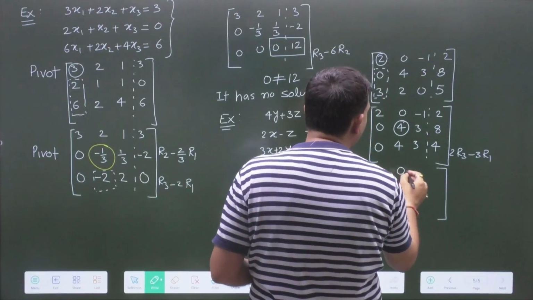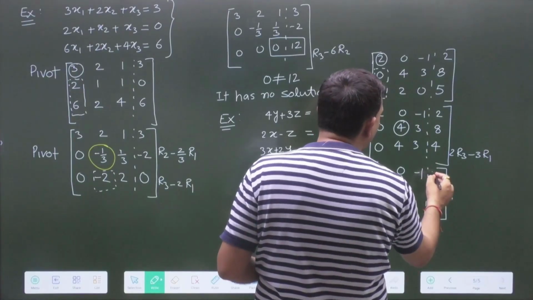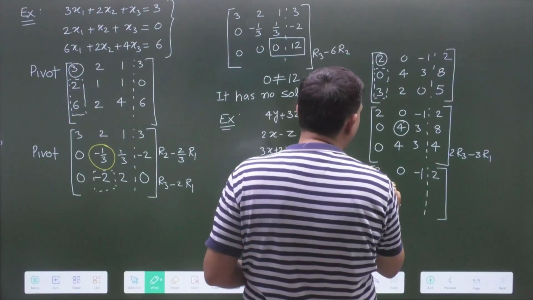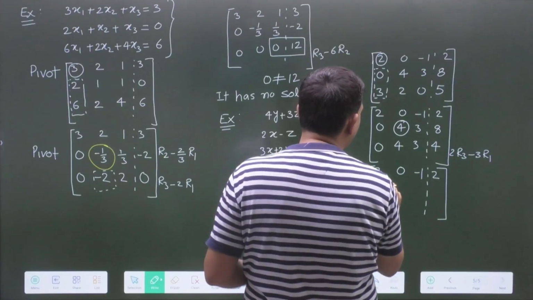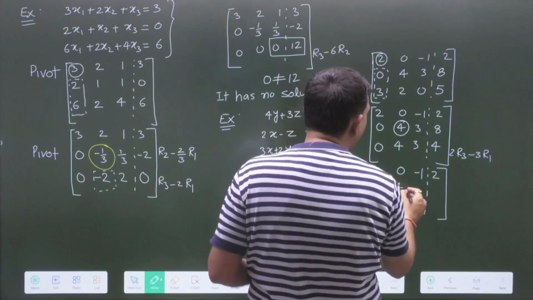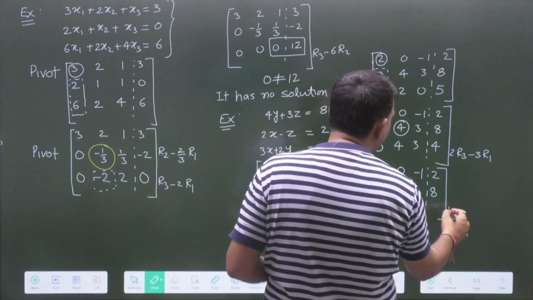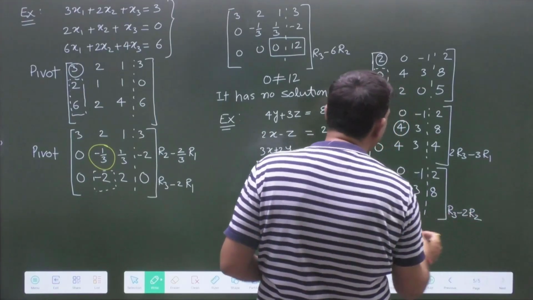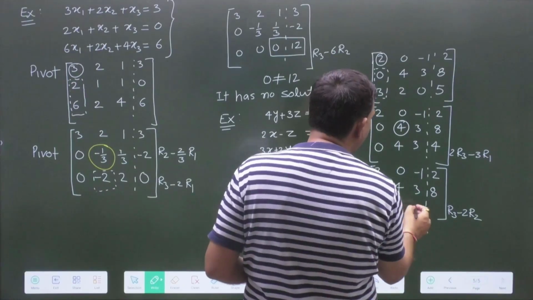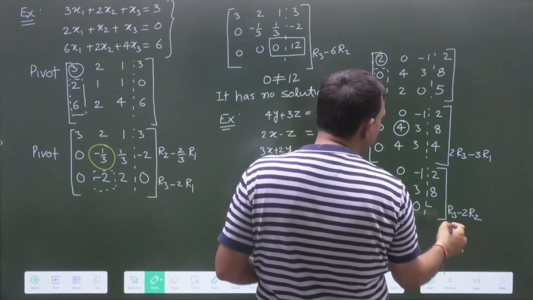Now next step, this is the pivot element. 2, 0, minus 1, and this will be 2. Then you have 0, 4, 3, and 8, and this will be R3 minus R2.